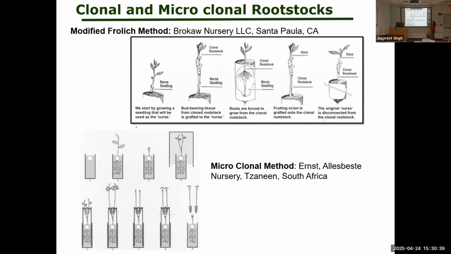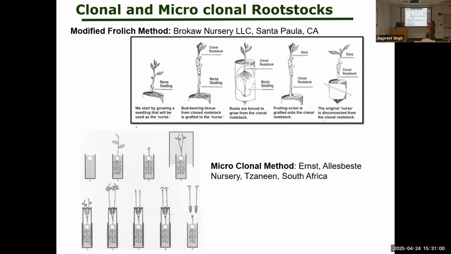But in the Frolich method, you never separate or remove the mother seed. They put a ring, you strangulate the seed, and they separate the vascular system, so then you let the seed die because they kill the mother seed by blocking any contact with the rootstock part, so it doesn't receive anything.